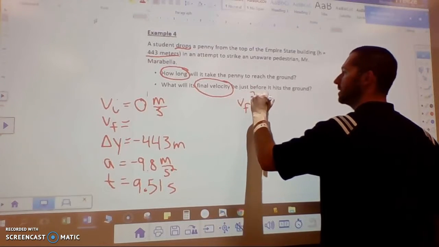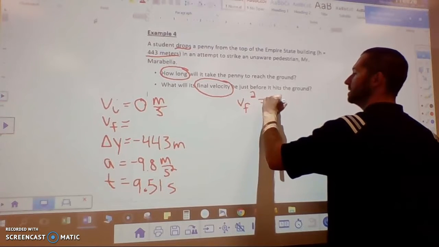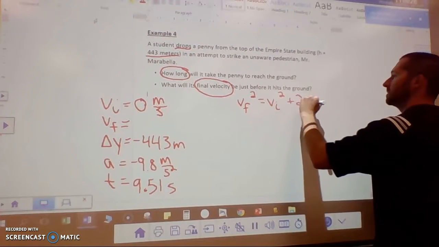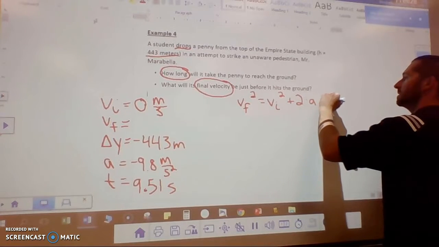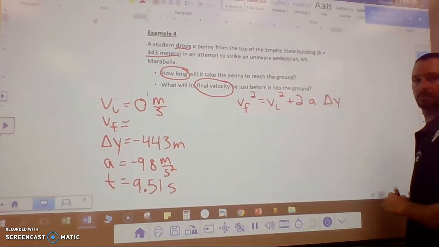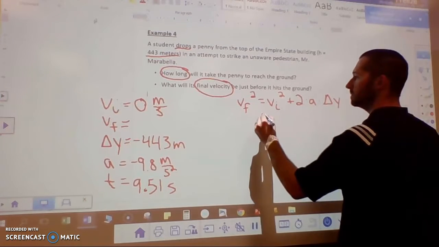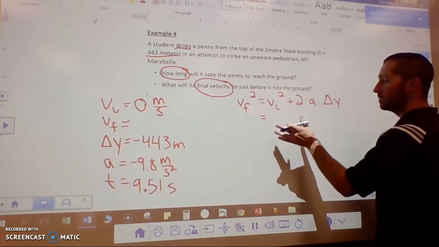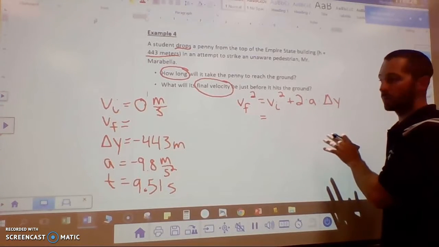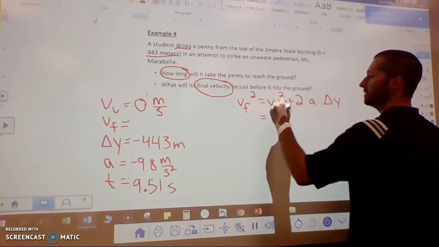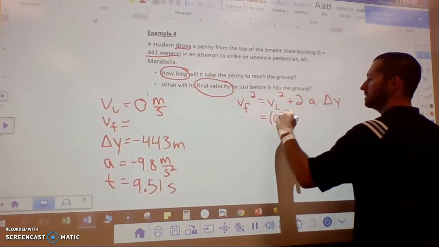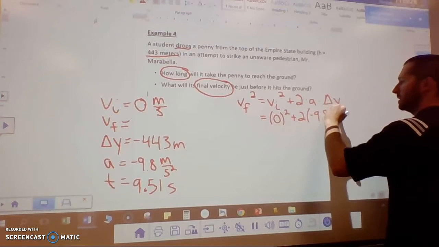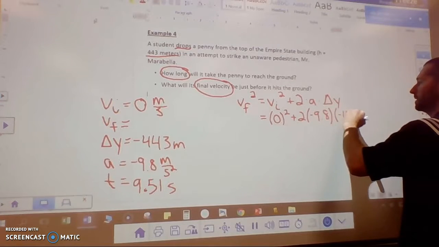Final velocity squared equals initial velocity squared plus 2 times acceleration times displacement in y. This one works out nice. Vf squared is already by itself, so I'm just going to evaluate the right-hand side and then take the square root. So we have 0 squared plus 2 times negative 9.8 times negative 443.